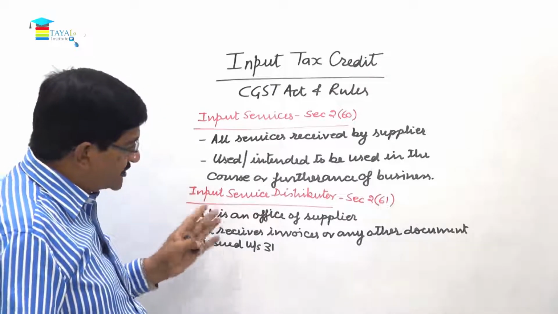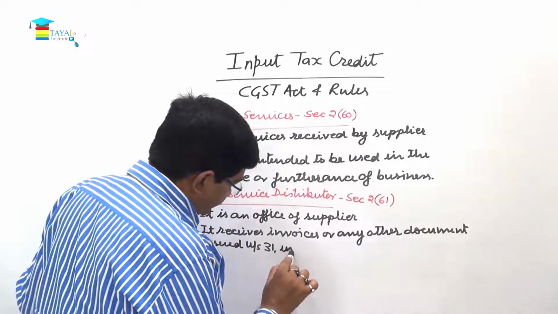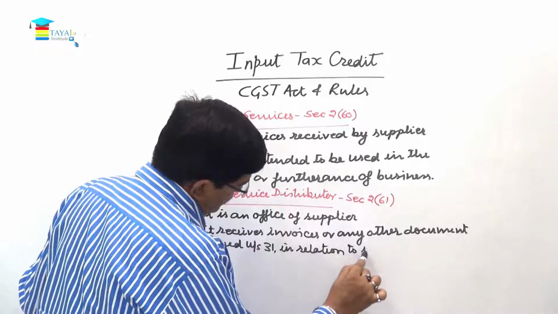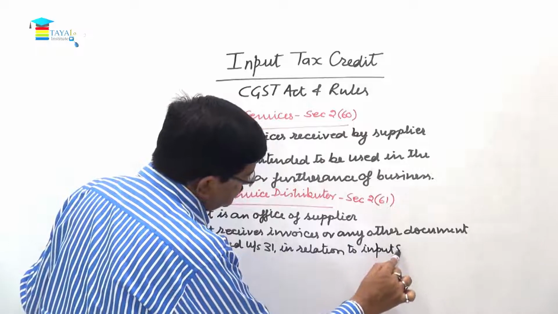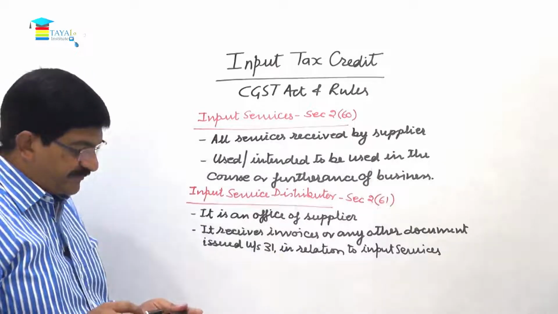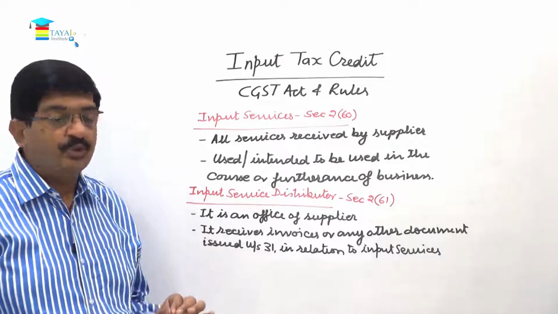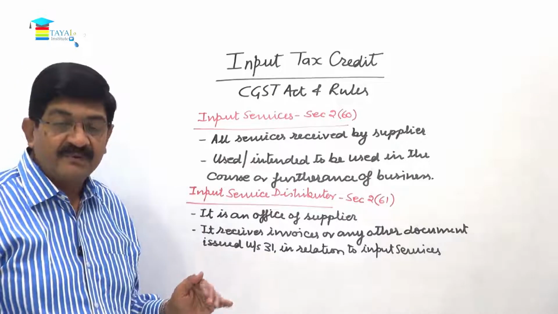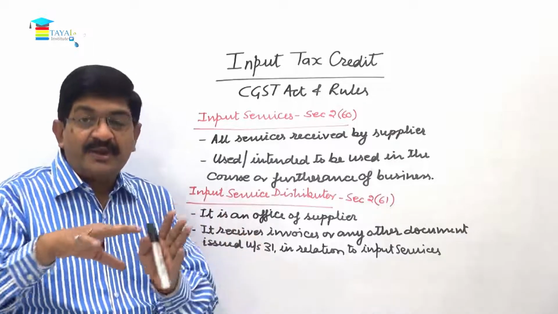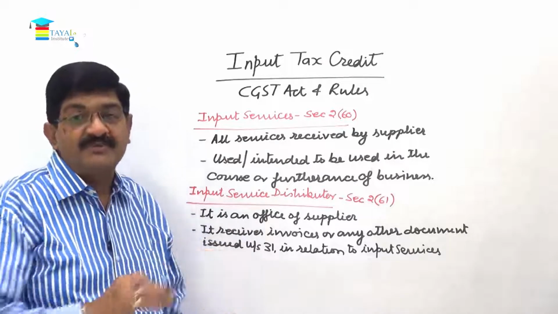So it receives either invoice under section 31 or any other document in relation to input services. So first of all, it is an office, and the specialty of the office is that it is receiving invoices in connection with the input service. Now, where the input service is received, that is not important. Maybe at one location, maybe at another location, maybe at third location, wherever services are received, irrespective of that, the invoice is being received in the office.